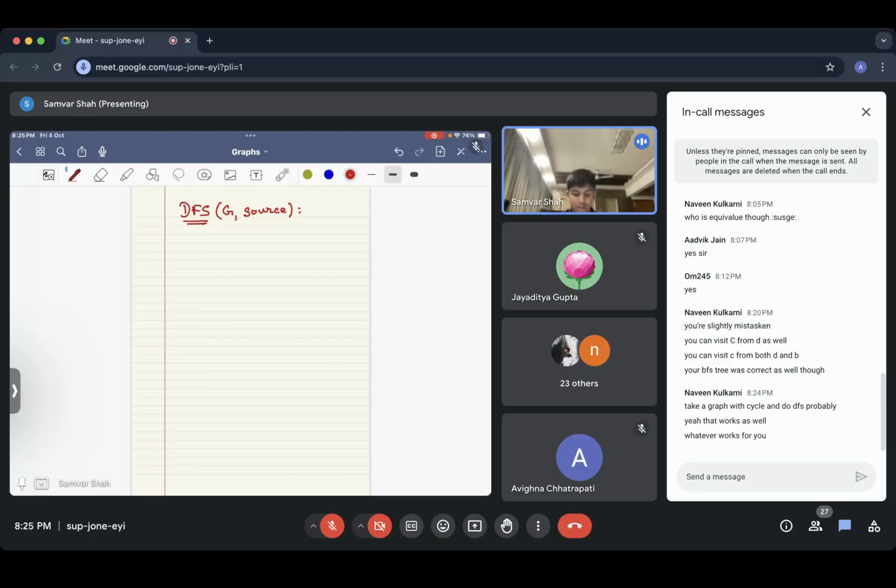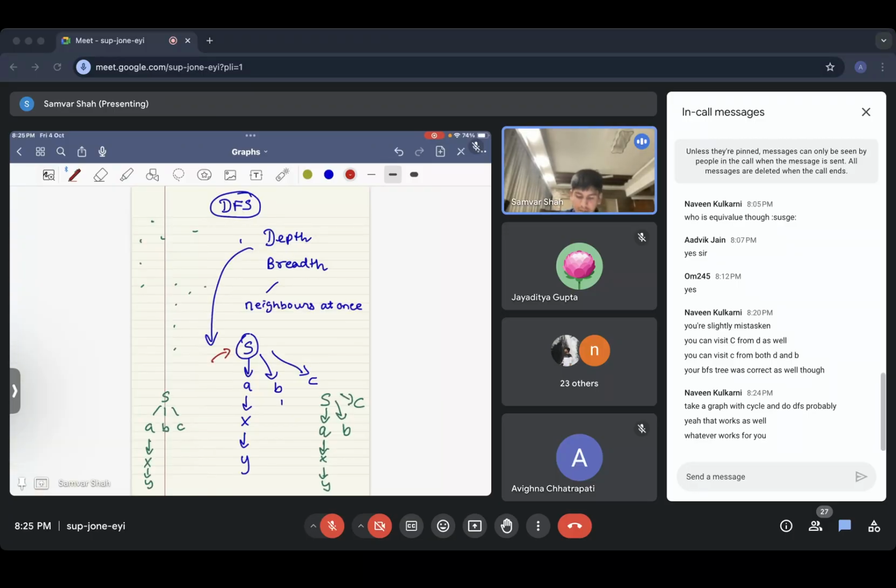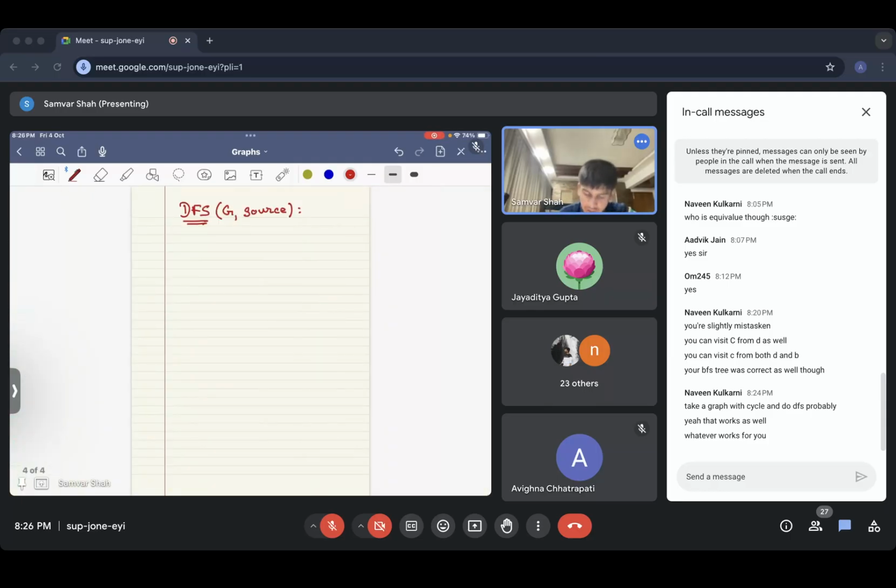Because here as well, we chose that we start from S. So mentioning which vertex we start the DFS traversal from is an important thing. If we said A, then we would have a different tree. So DFS on a graph, and we have a source.